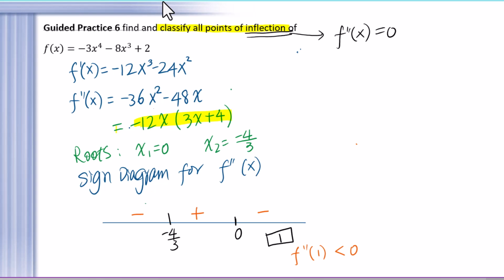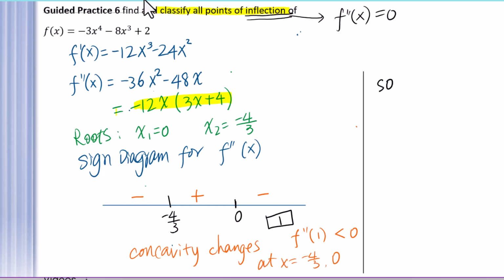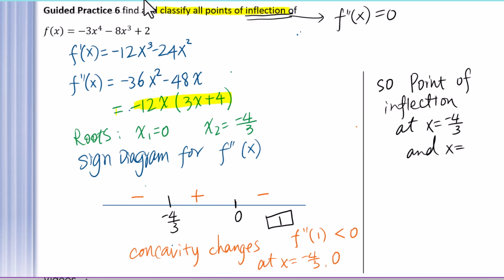There is a sign change at negative 4 over 3 and at x equals 0, which means concavity changes at x equals negative 4 over 3 and x equals 0. So, point of inflection at x equals negative 4 over 3 and x equals 0.